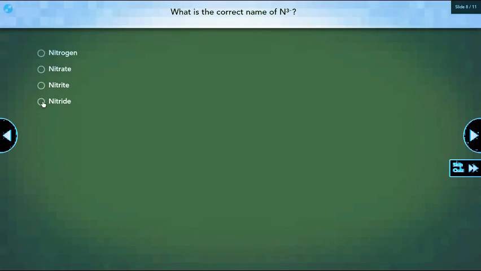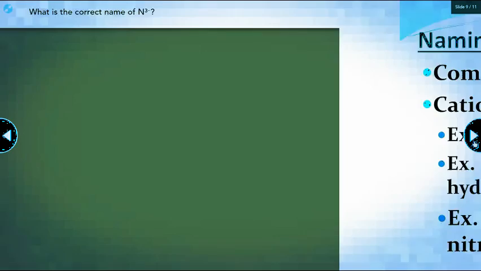So this would be called nitride. Nitrogen would just be N. There would be no charge on it. Nitrate ends in ATE, so that's a polyatomic ion that's on the back of your periodic table. That's NO3 with a -1 charge, and nitrite is NO2 with a -1 charge. So nitride would be the correct name of N3-.